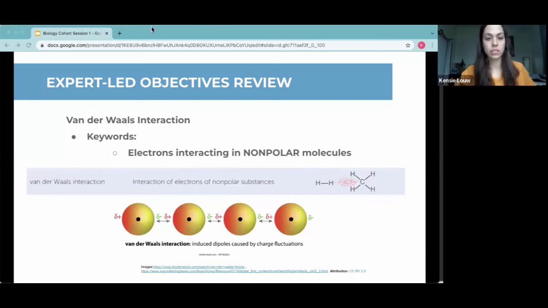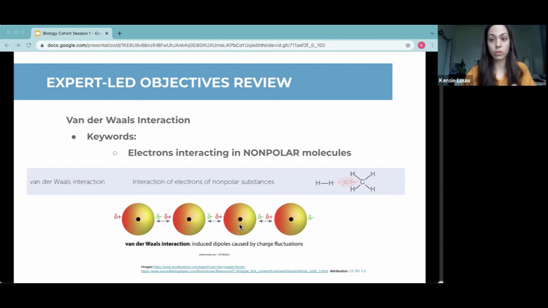So you can see in this illustration right here, these circles represent different molecules. And as the electrons in this nonpolar molecule buzz around in their valence shell, there might be at any given moment a positive side or a negative side, just as the electrons kind of ebb and flow.